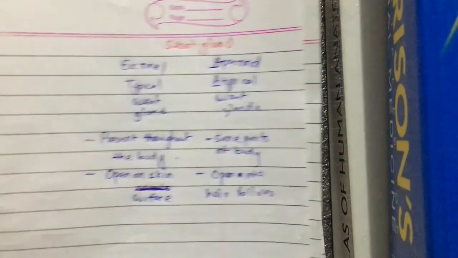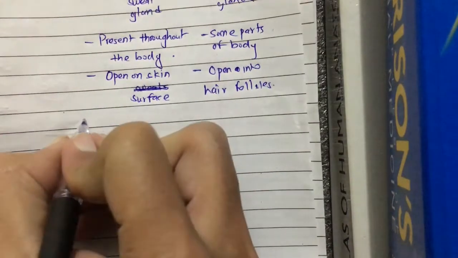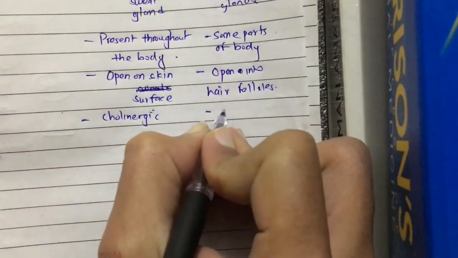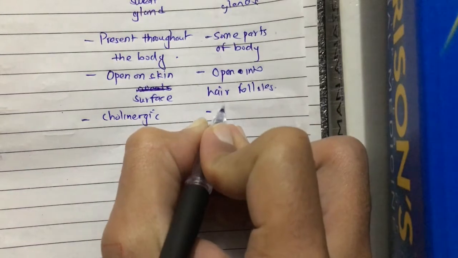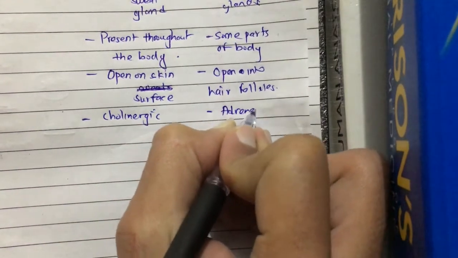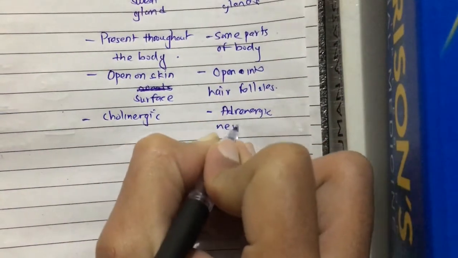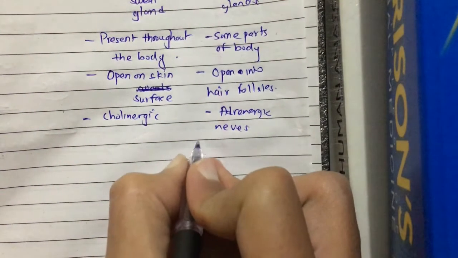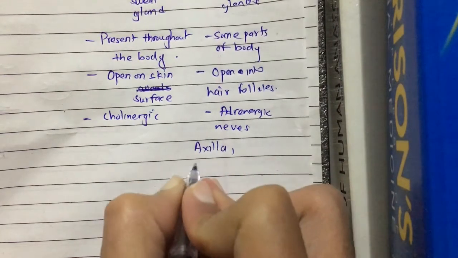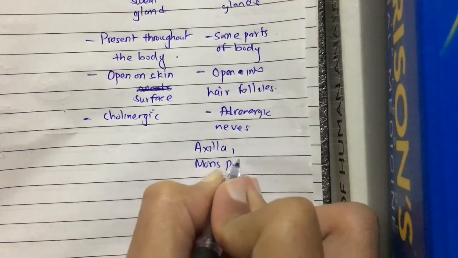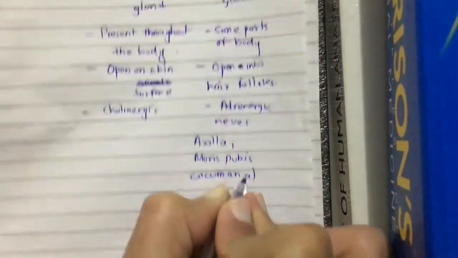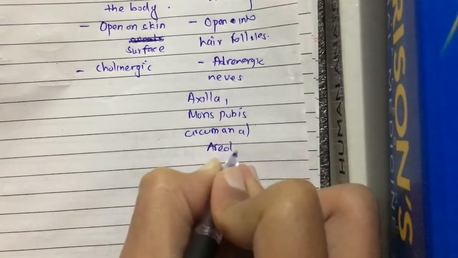Typical sweat glands are innervated by cholinergic nerve fibers, whereas the atypical or apocrine glands are innervated by adrenergic nerves. These modified sweat glands are present in the axilla, mons pubis, circumanal area, areola and nipple.